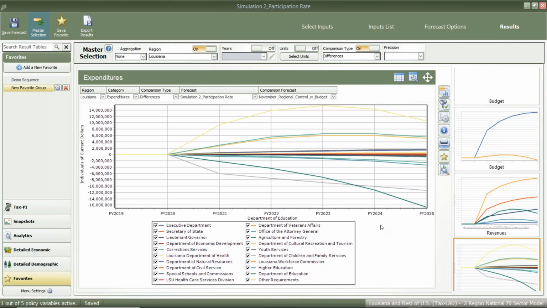The participation rate scenario is meant to show that if the efforts are successful in even bringing back half of the people who have dropped out of the labor force, that's the best way to increase the economy.